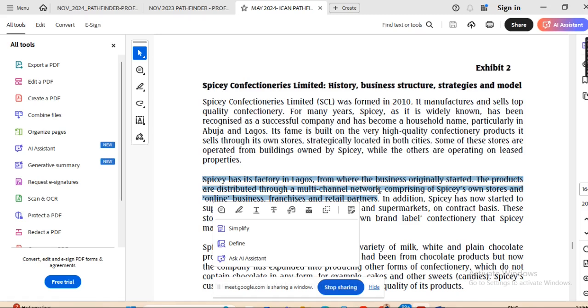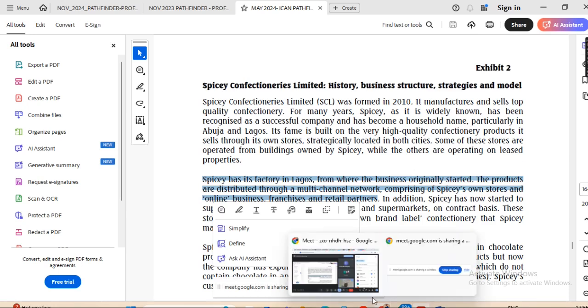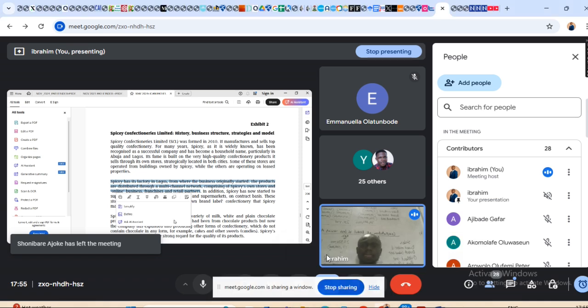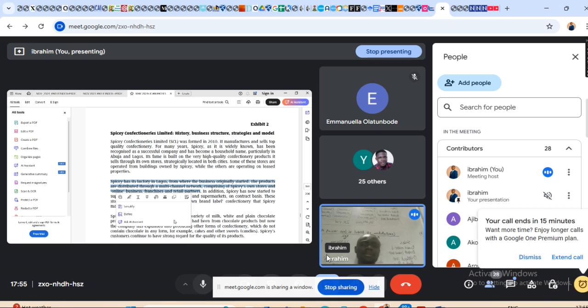They have a multi-channel network where it comprises of Spicy owned stores and online business franchise, in order to make the product more easy for the consumer of that product.